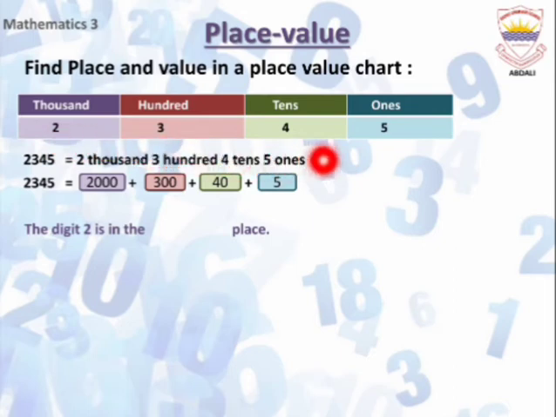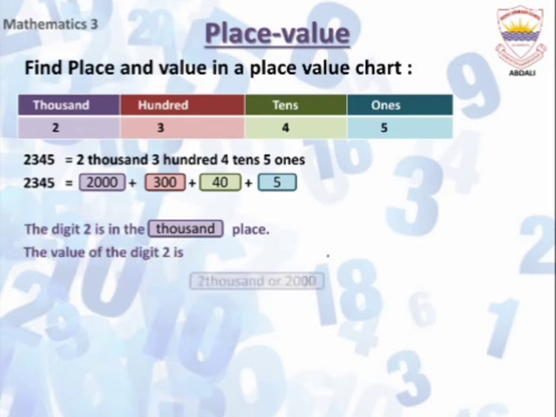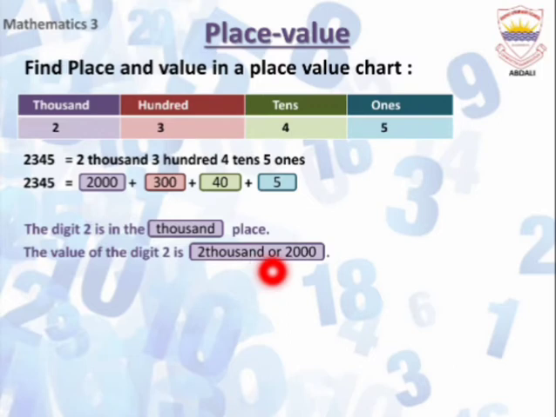The digit 2 is in the place of 1000. The value of digit 2 is 2000.